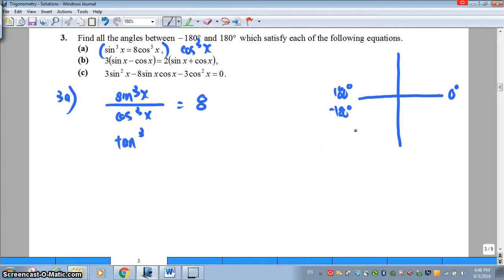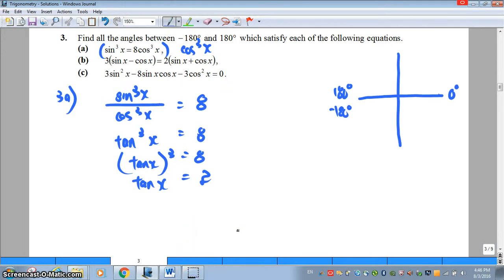So x in this case will be 0 plus the reference angle, 78.7 degree, and similarly, negative 180 plus 78.7. And this will be the two answers to this trigo equation.